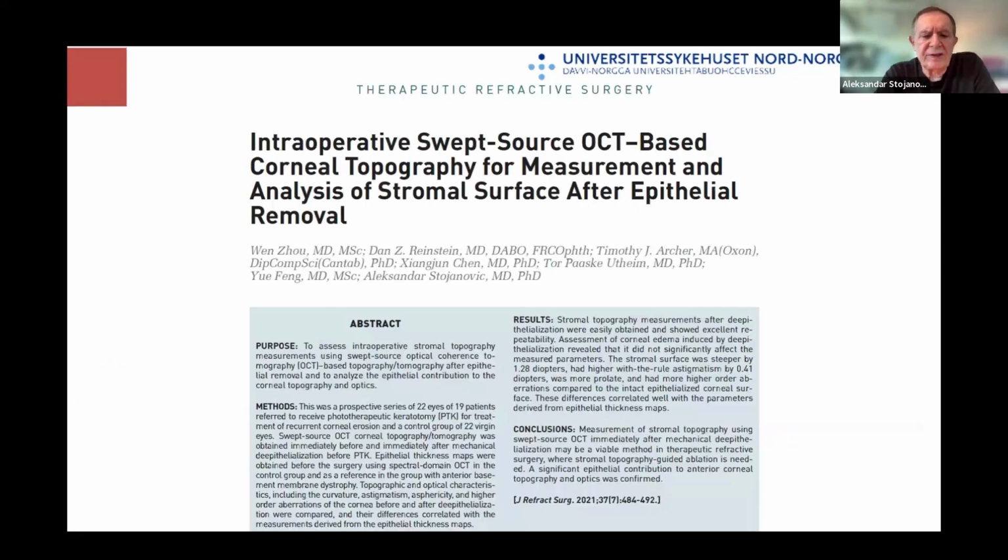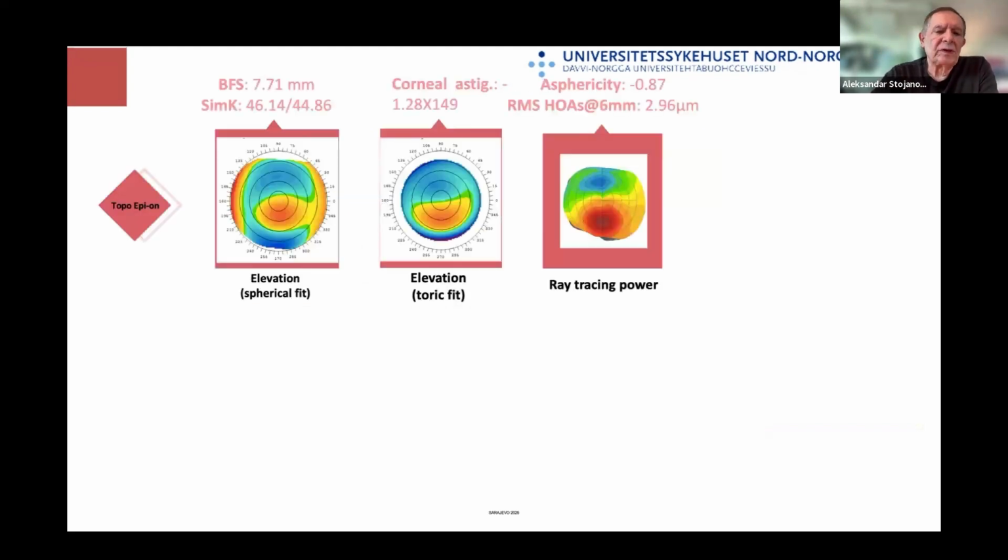Our research group was very interested in epithelial thickness mapping and its different consequences, and we wanted to find out how much epithelial remodeling can contribute refractive-wise. So we looked at a certain number of eyes, at the topographies before the epithelial removal, just normal corneal topographies, and we took the corneal topography after the epithelial removal.